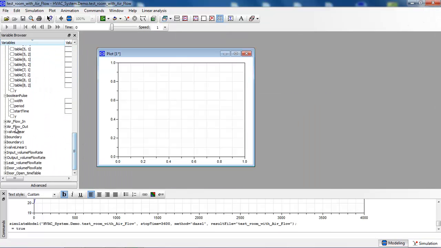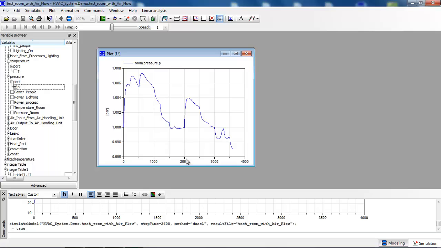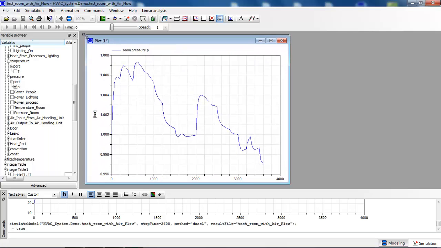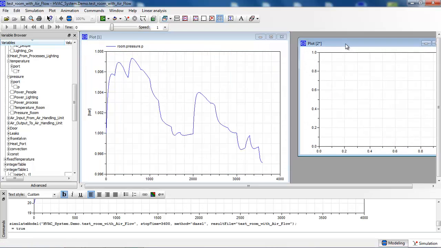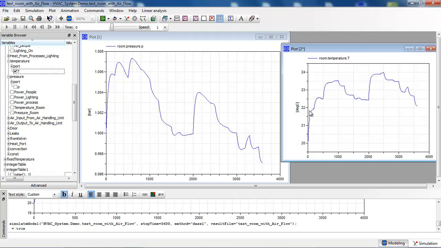Now in my new model I can post-process the pressure inside my room, which is slightly different because I have flow in and flow out in my room. Let's see how it goes for the temperature in my room here, which is slightly different as well.